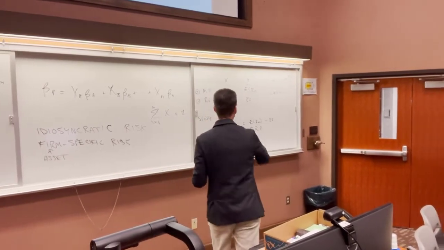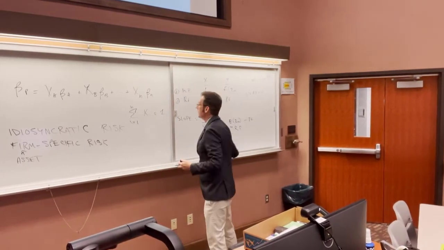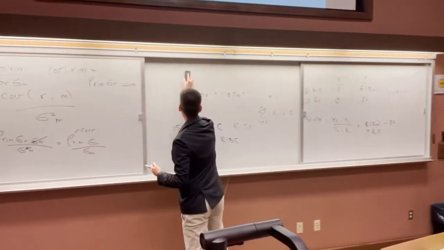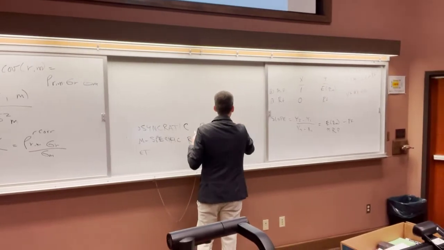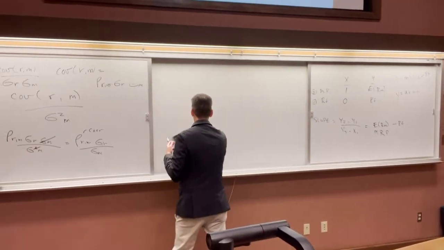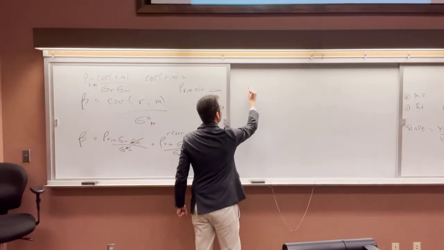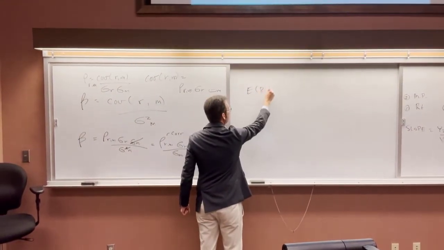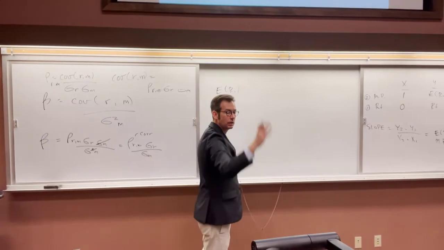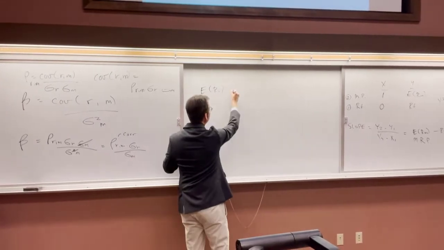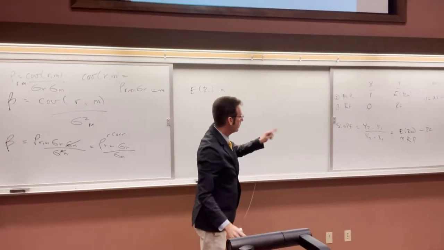So now we can go ahead and put all of this stuff together to come up with a statement of the security market line. In this case, Y is going to be the expected return on the stock, which is the vertical axis, is equal to, what's the slope?